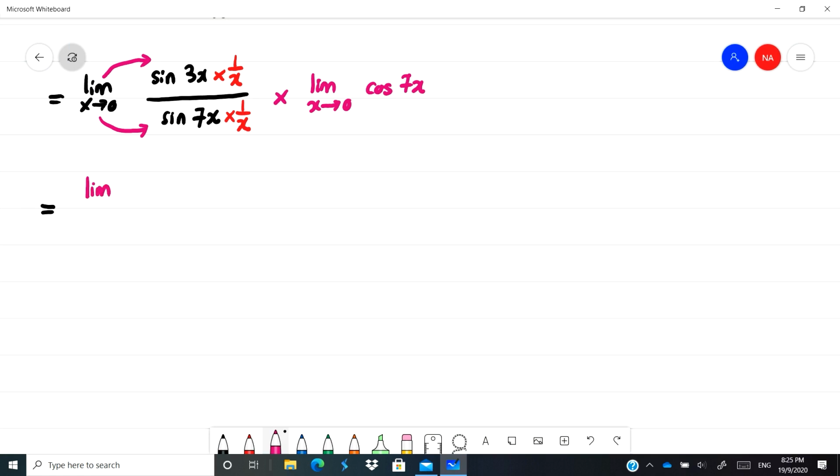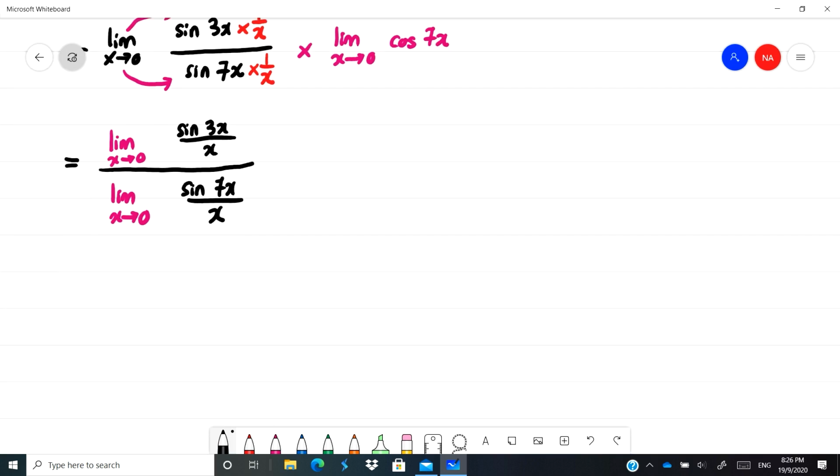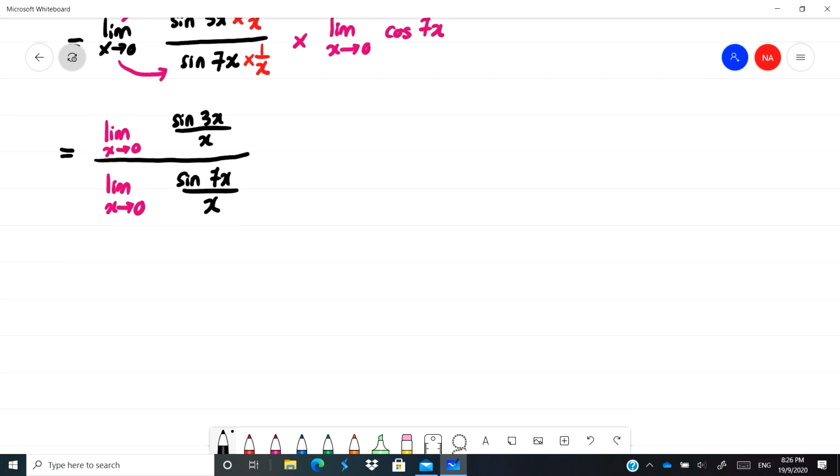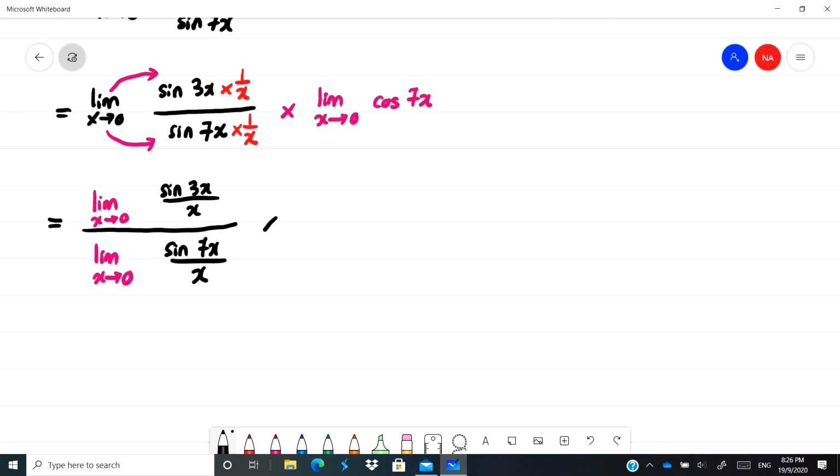So you will have the limit as x approaching 0 of sine 3x over x, the whole thing, over the limit as x approaching 0 of sine 7x over x. For that other part, don't forget the one at the back there. You just simply substitute that with 0, so you get cos 0.